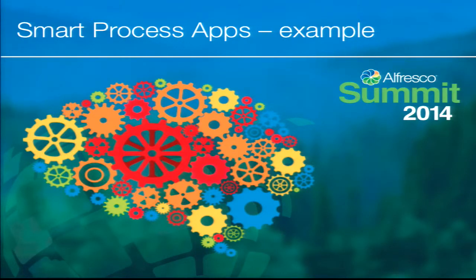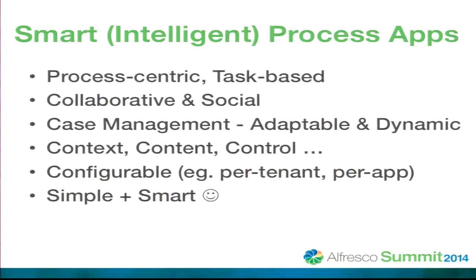Before I start, I should say that the idea of smart process apps was a term coined by Forrester. The idea is those apps are process-centric, task-based, maybe more collaborative and social, though that's to be discussed. But they typically revolve around case management, or adaptable case management, or dynamic case management, I guess, from what I was hearing from John.